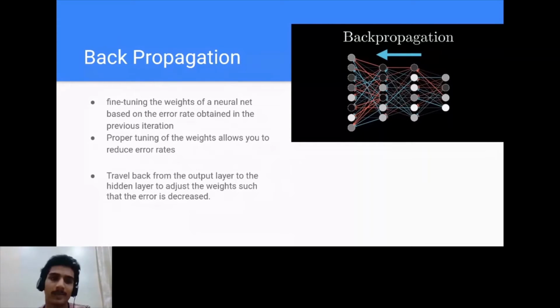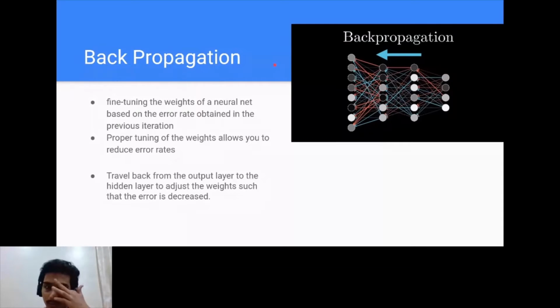So the next topic is backward propagation. We talked about making those randomly initialized weights into the right weights. So backpropagation is nothing but fine-tuning the weights of the neural network based on the error rate obtained in the iteration.